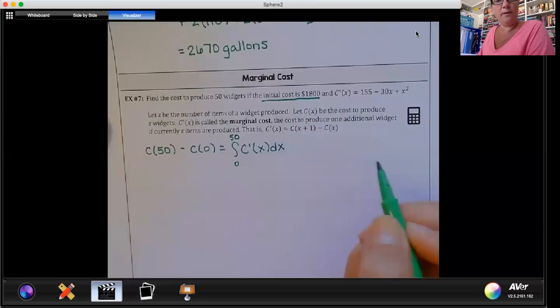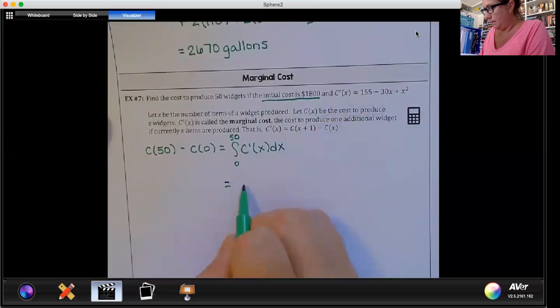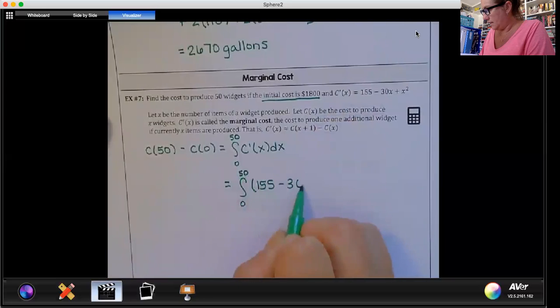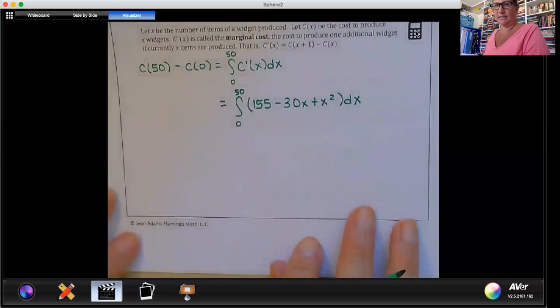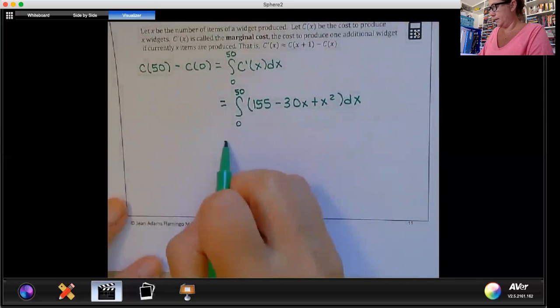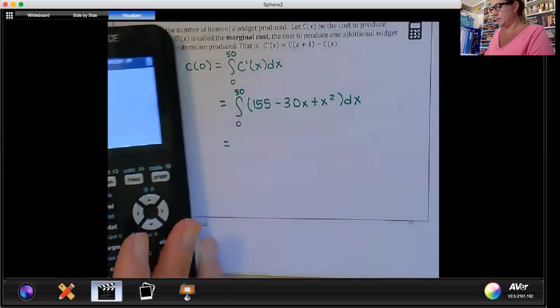Now, we've got those formulas way back in our notes. So those I told you would come up from time to time. 155 minus 30x plus x squared dx. Now, anytime you have a polynomial, it's not a bad idea to practice finding that antiderivative and then evaluating that definite integral.